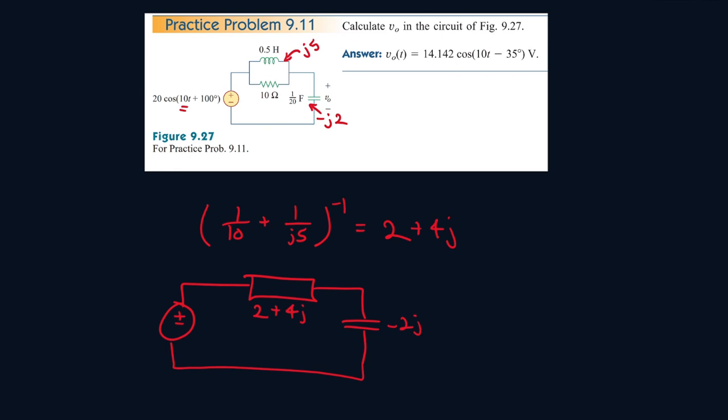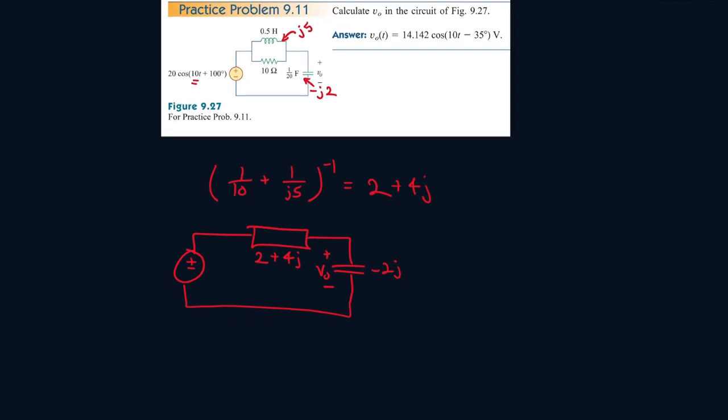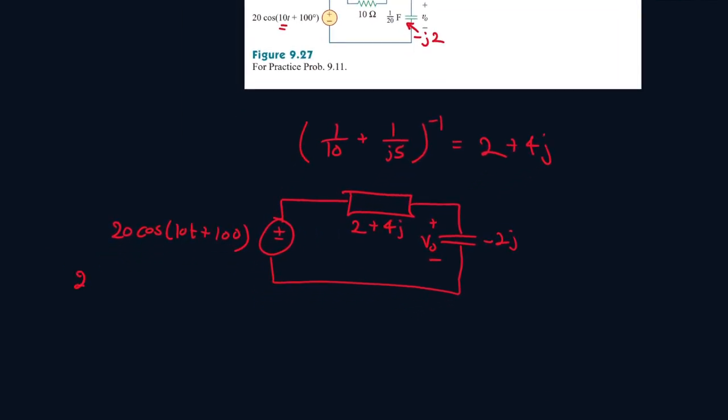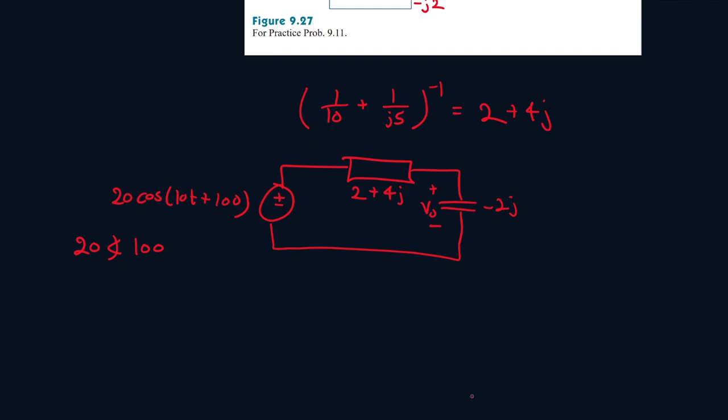Now we have to find VO, which is the voltage across the capacitor. First, let's focus on our voltage source. We have 20 cos(10t plus 100). Let me turn this into the phasor domain. It'll be 20 phasor 100. Then let me get the imaginary and real parts: 20 cos 100 plus j 20 sine 100.